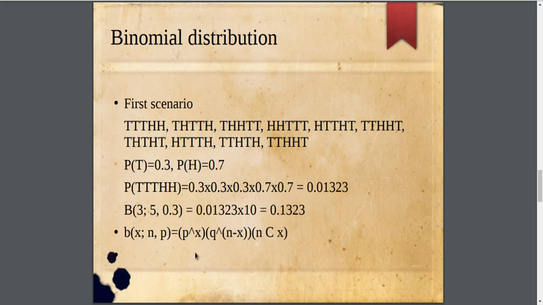When we do that, we use the binomial notation here: 3 successes in 5 trials with a probability of success of 0.3. We multiply that and we get the result 0.1323.